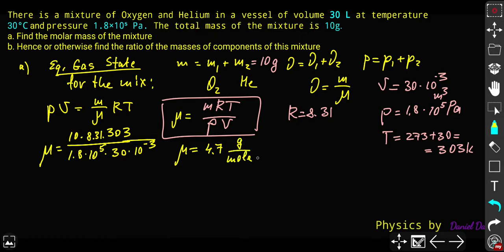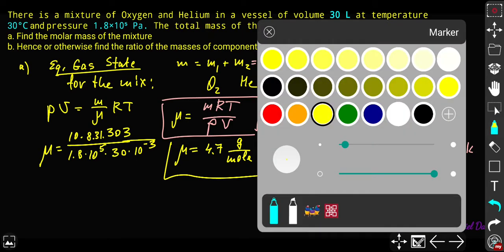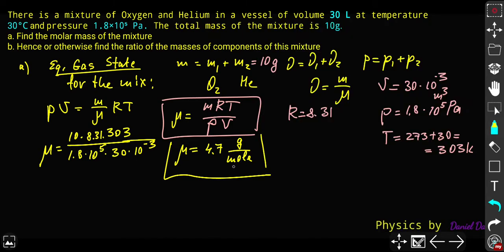Okay, so that's the final result for the molar mass, and we can move on to part 2. Now we know that the molar mass of the mixture is 4.7. By the way, I will indicate the molar mass for each component. The molar mass for component 1, which is O2, is 32 grams per mole.